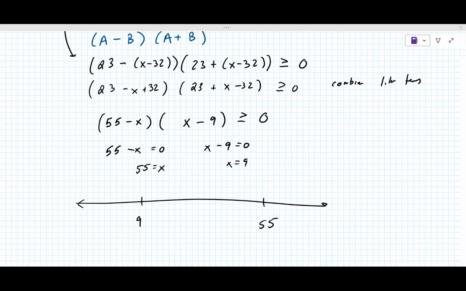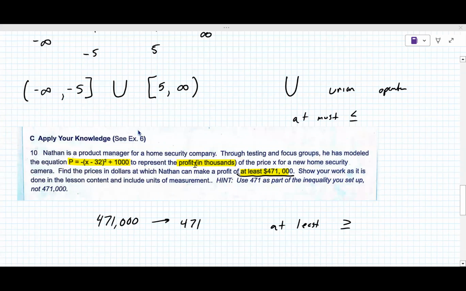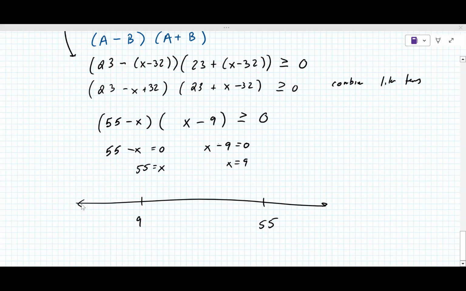Okay, so if you go back to what the actual physical problem is, the physical problem is the price or the profit in thousands. And the question is, well, can you have negative profit? And this is sort of a question where I would say, no, you cannot. So I would tell you to stop at 0. This might be something to ask your instructor about by email and say, should the number line really extend forever?